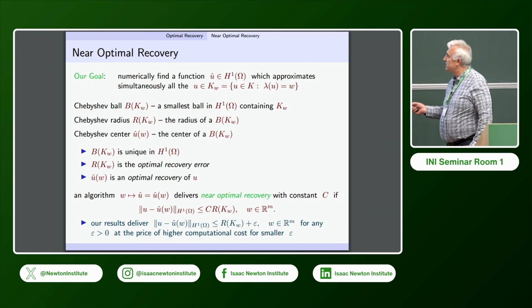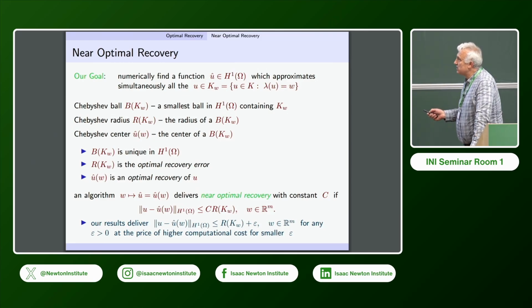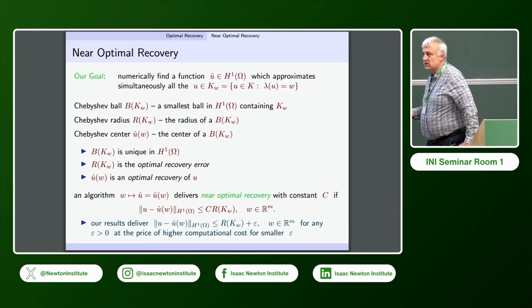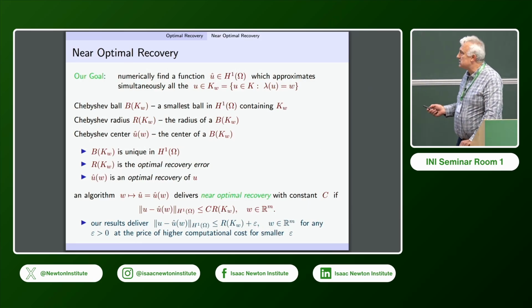This is the smallest ball in H1 of Omega which contains K_W, and the radius of this ball, called the Chebyshev radius, gives us the error of approximation, which is the best possible error there. And then the Chebyshev center gives us the solution. In general, the Chebyshev center might not be unique, but we consider Hilbert spaces, so in this case it's unique, so no problems with that.